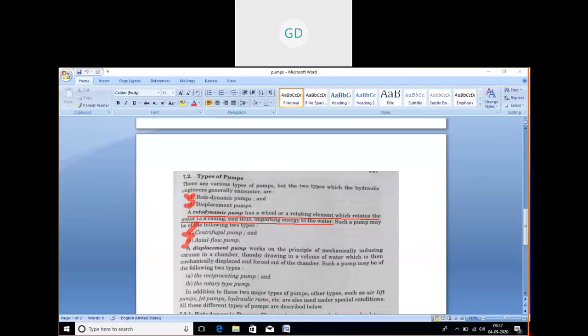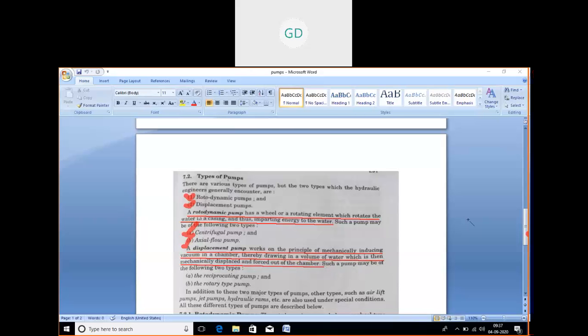So let's see what a displacement pump is. A displacement pump works on the principle of mechanically inducing vacuum in a chamber, thereby drawing in a volume of water which is then mechanically displaced and forced out of the chamber.